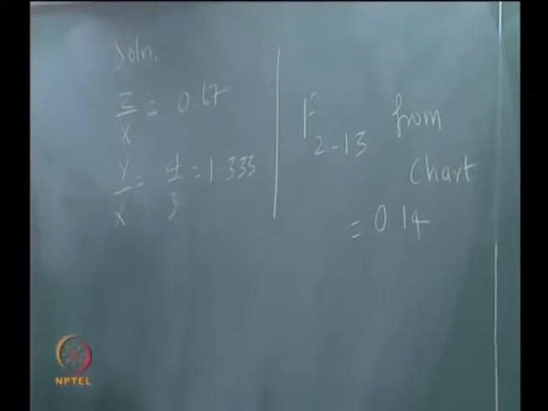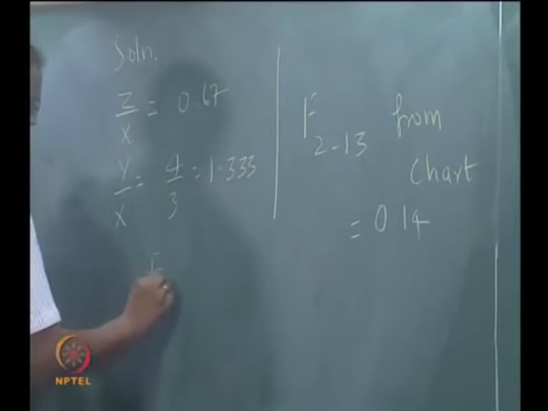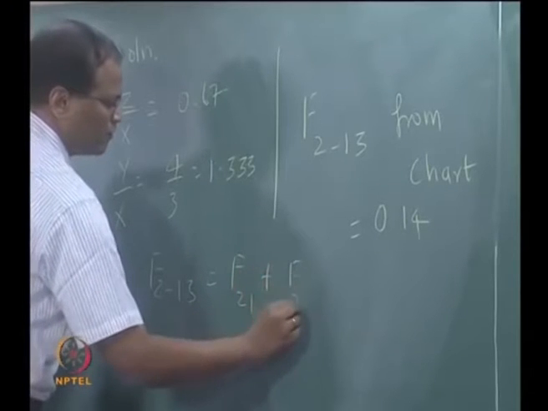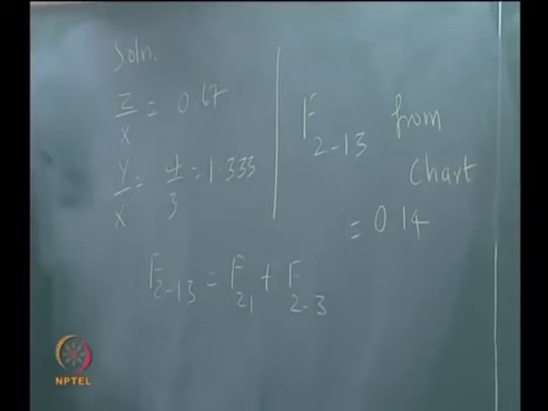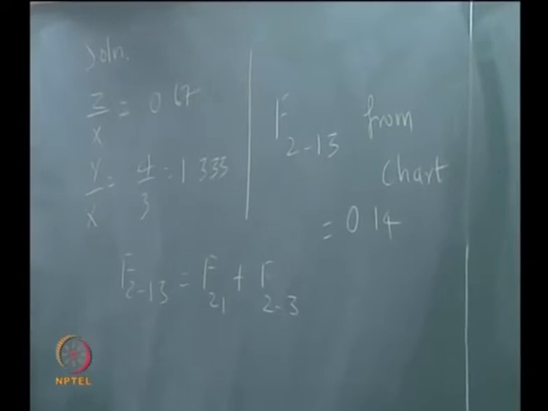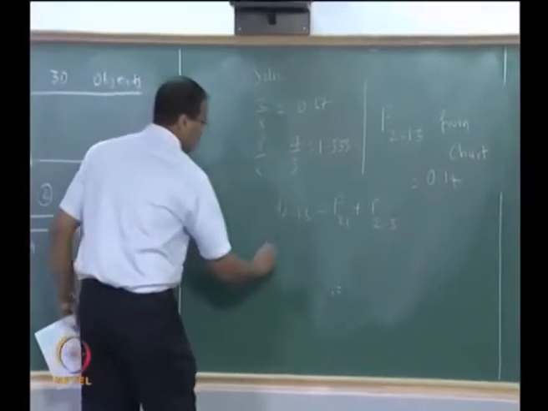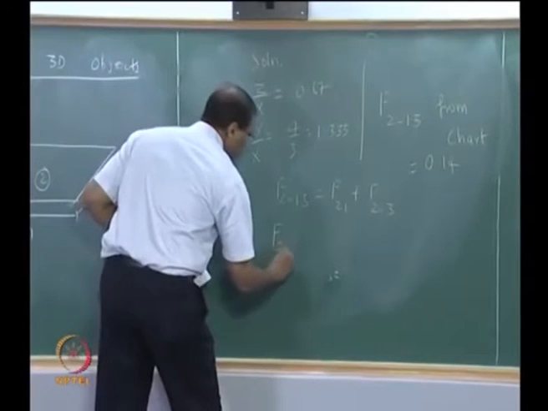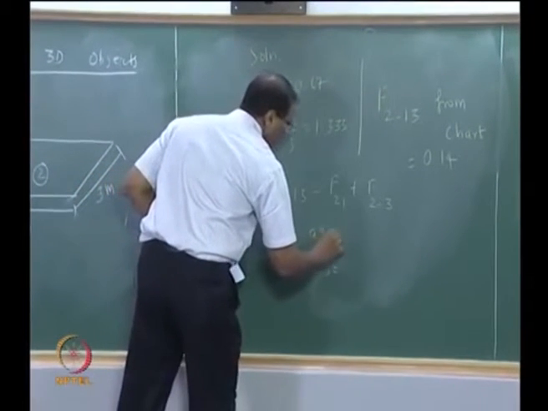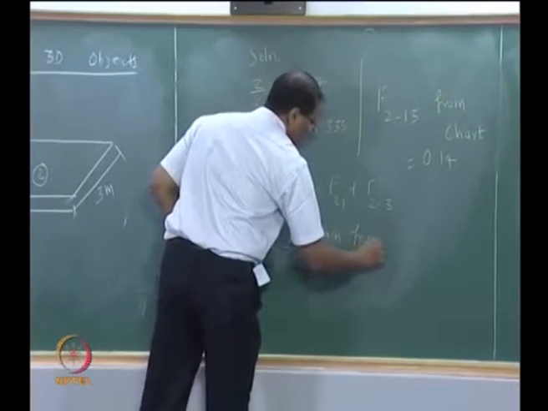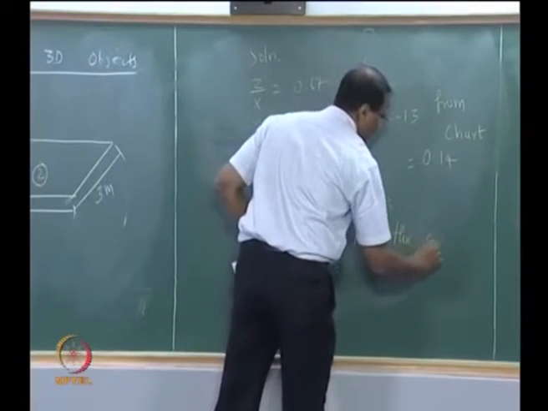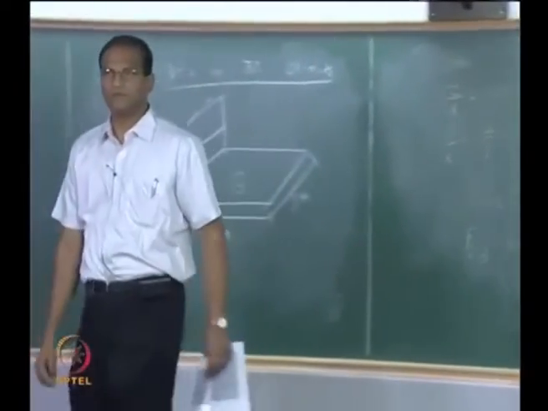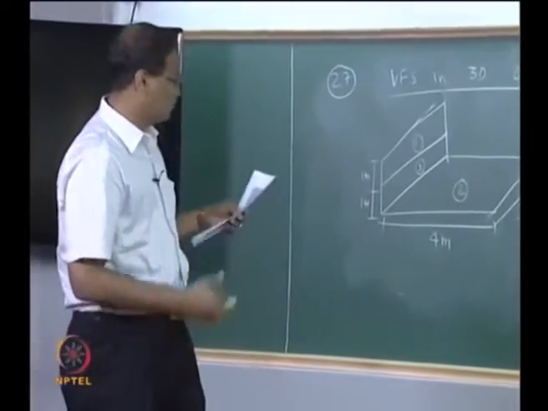Now we know decomposition rule. F21 again from chart, correct? Sorry, F2 to 3, for F2 to 3 what is the story now?